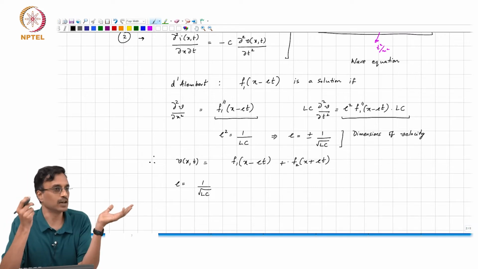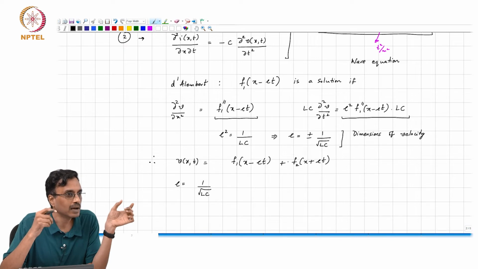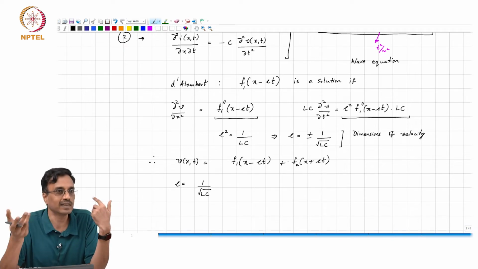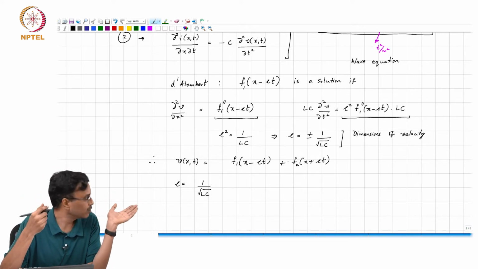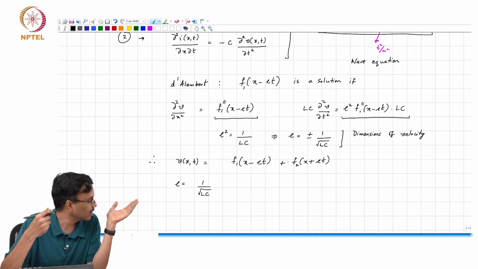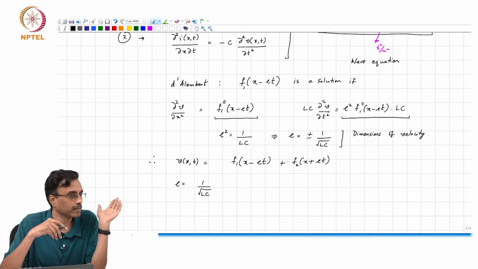It is a linear differential equation. If f1 of x minus ct is a solution and f2 of x plus ct is a solution, then any linear combination of the two will also be a solution. If you are not convinced, you can plug this into the wave equation and see that it satisfies it.